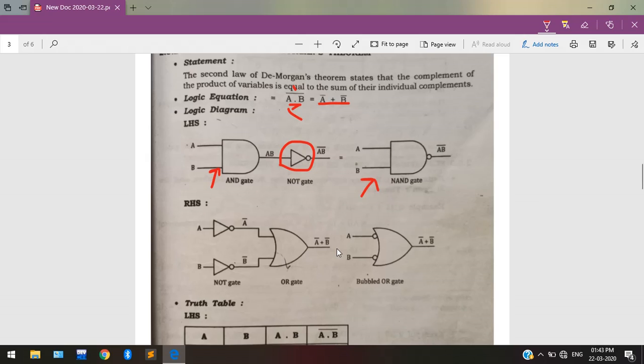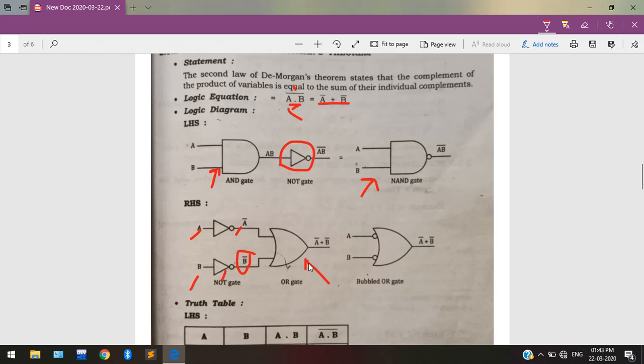Now the RHS side. You see here the two inputs, A bar plus B bar. Here it is A, then by using the NOT gate we will get A bar. The second variable is B. By using this NOT gate you get the output as B bar here. So for the output A bar plus B bar, for the ORing we are using an OR gate here.